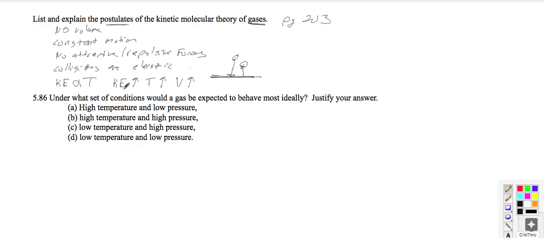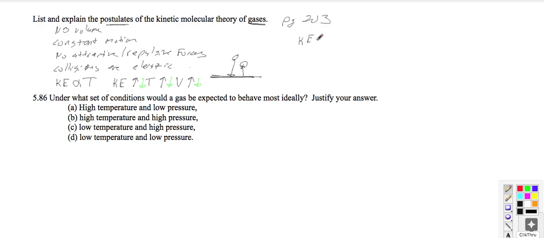So really, we don't increase the kinetic energy. What we do is we increase the temperature. As we increase the temperature, the gas molecules move more quickly, and since they're moving more quickly, we say that the kinetic energy is also going up. And conversely, as you decrease them, the opposite is true. And this is all related to this equation.